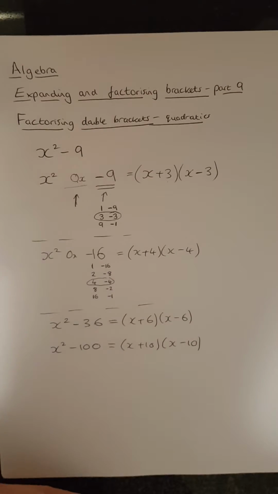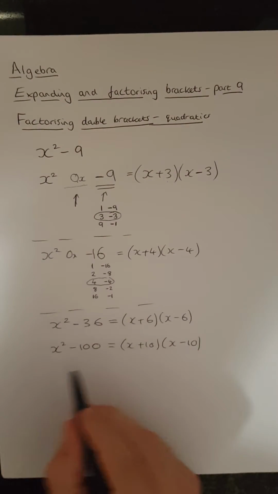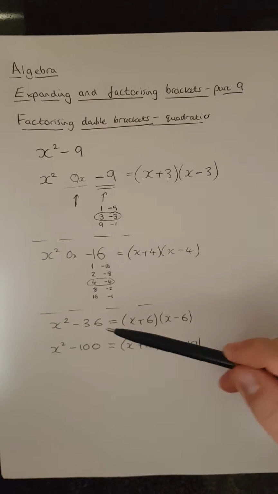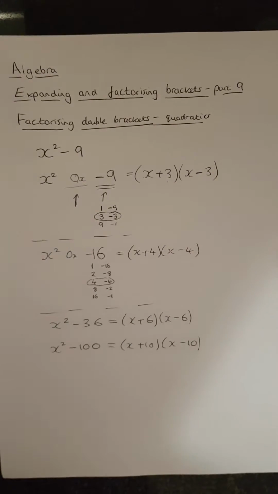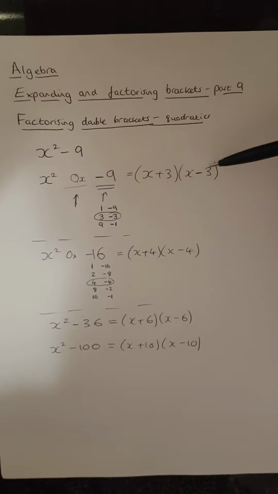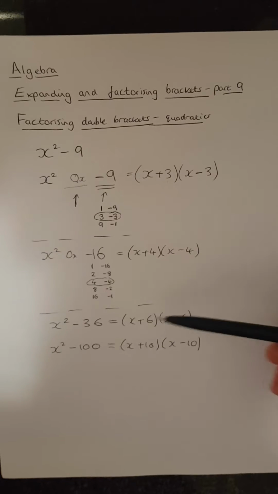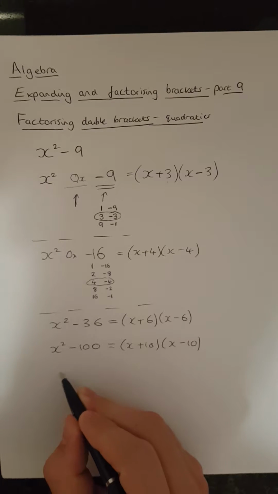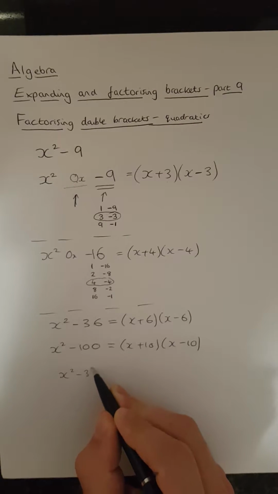Now, this method is something a little bit special, and we call these something special. Look at 9, 16, 36 and 100. What kind of numbers are they all? I'll give you a clue. 3 times 3, 4 times 4, 6 times 6, 10 times 10. So they're all square numbers. So they could have been written like this.